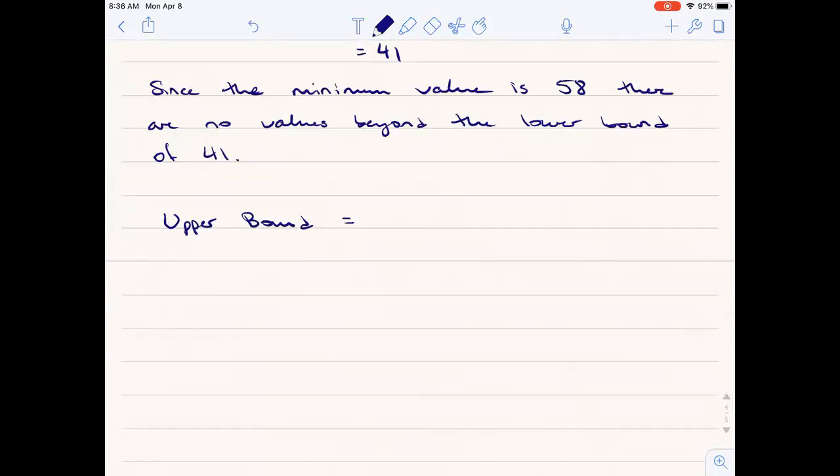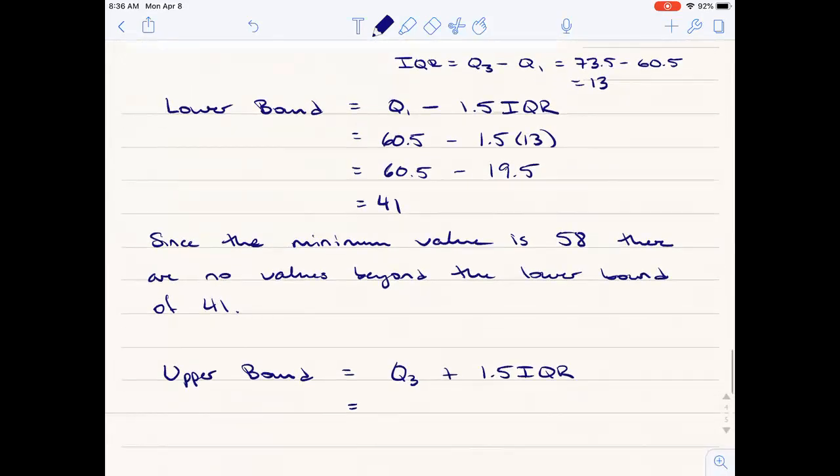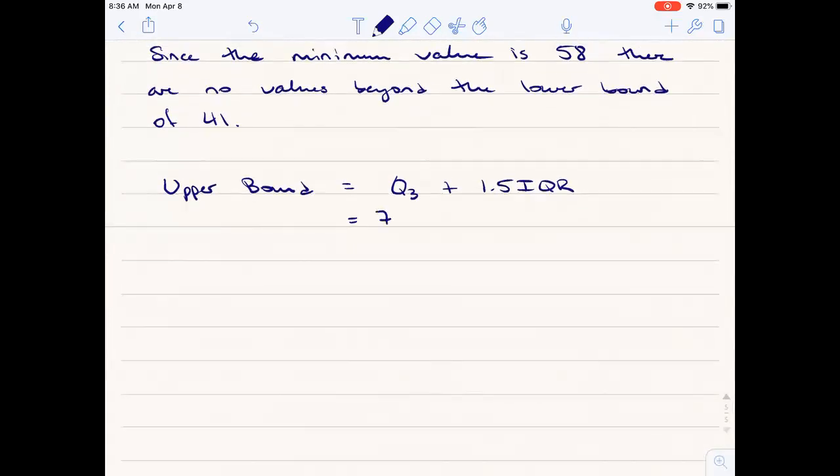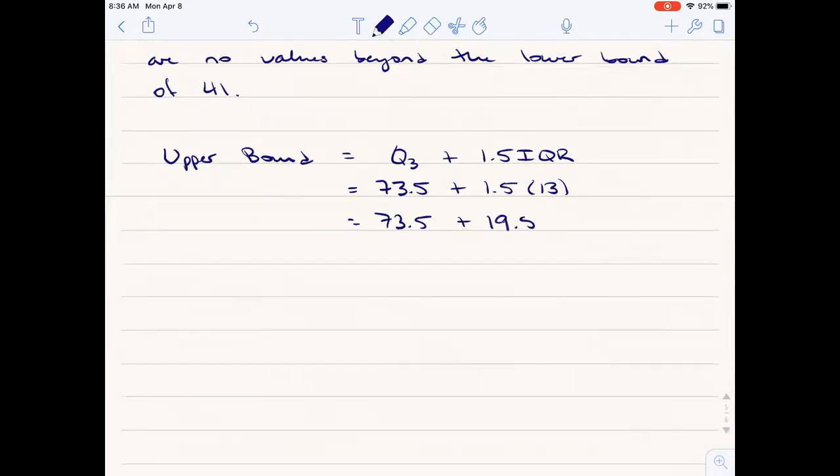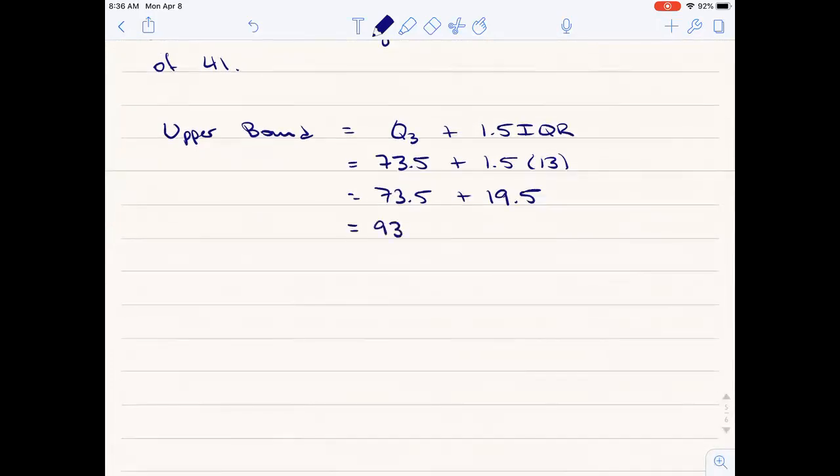So the upper bound is Q3 plus 1.5 times the interquartile range, which is 73.5 plus 1.5 times 13, 73.5 plus 19.5, which is 93. The maximum was 79, so all the data points are within the bounds.